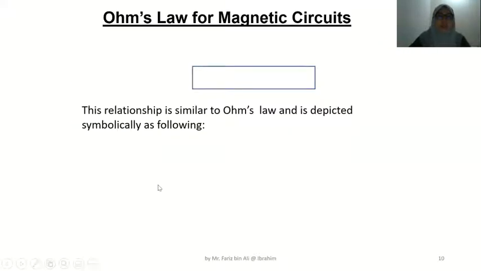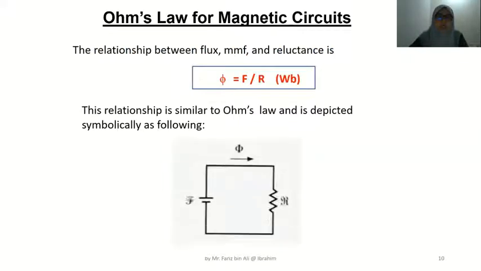Now, Ohm's law for magnetic circuits. The relationship between the flux, the MMF and the reluctance is given by this formula: the flux is equal to the MMF, or F, divided by the reluctance. You can see the relationship is similar to Ohm's law, which is depicted symbolically as follows.